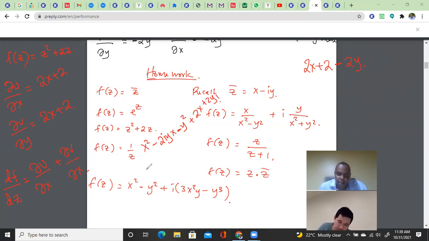So this is x squared minus y squared, that's your u, plus 2x. Plus 2x also, you forgot 2x. Plus 2x. And then the v is negative 2xy plus 2y, right? Y negative? It's positive.